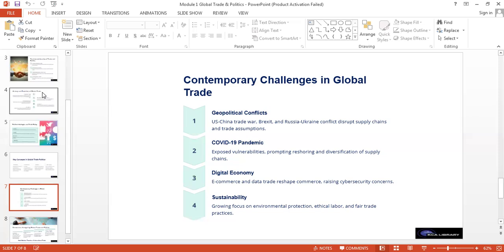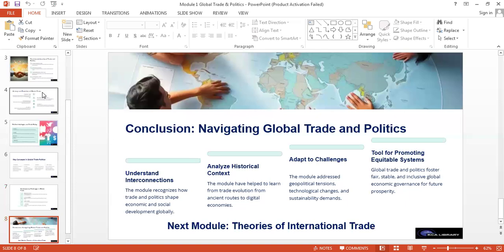Issues of cybersecurity are increasing, and it's really a challenge in global trade. The last is sustainability, a growing focus on environmental protection, ethical labor, and fair trade practices. This is also a challenge for global trade where these are not actually met.